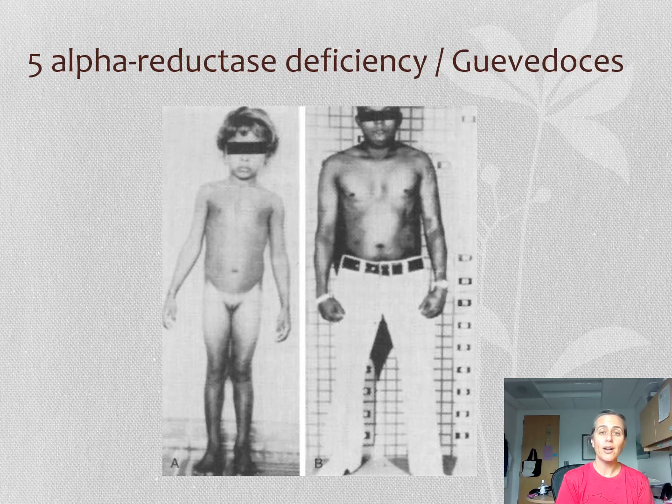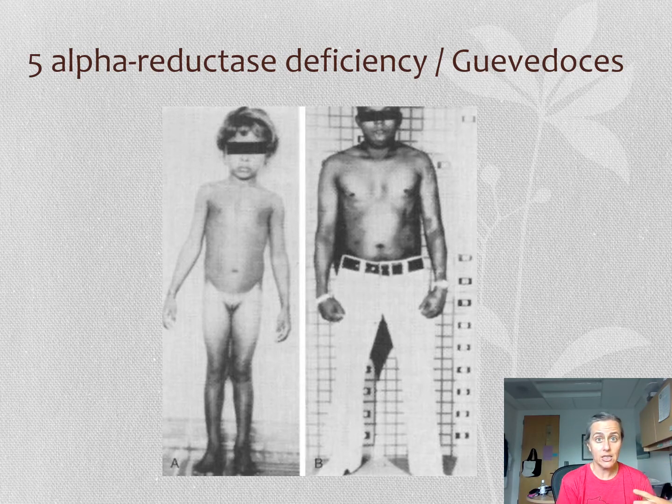So when they're born, everybody says it's a girl, and they get raised as girls, because how would you know anything different, right? Then what happens is very strange. At puberty, when all of a sudden the body ramps up hormone production, so you're making a whole bunch more testosterone, the external genitalia, even though it doesn't have that enzyme and can't make super testosterone, there's so much regular testosterone around that the external genitalia will start to masculinize.